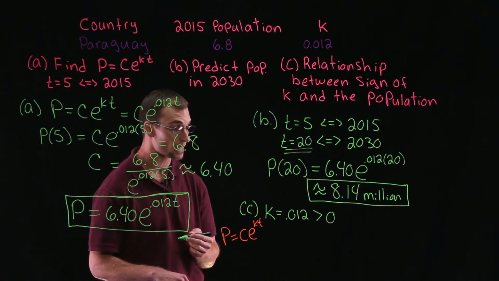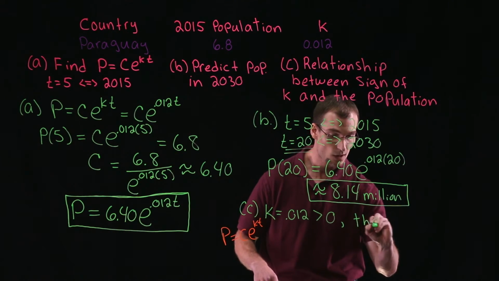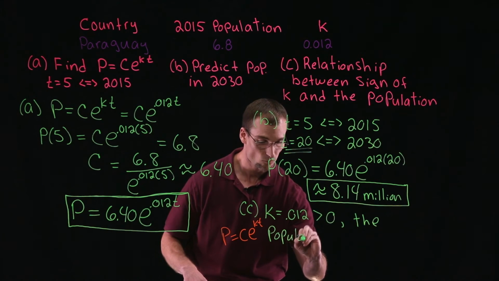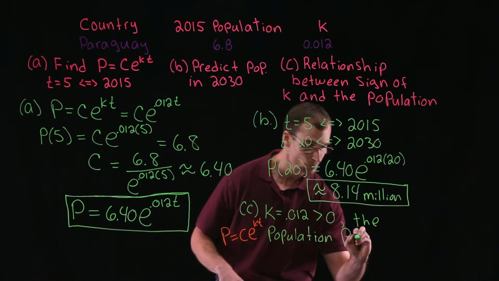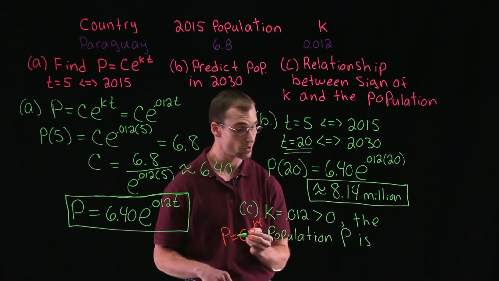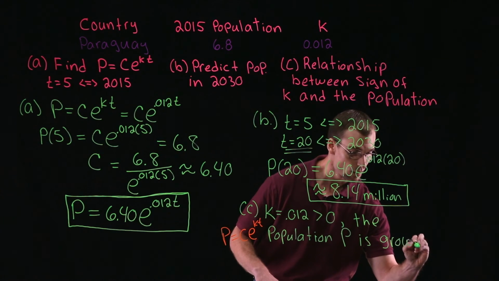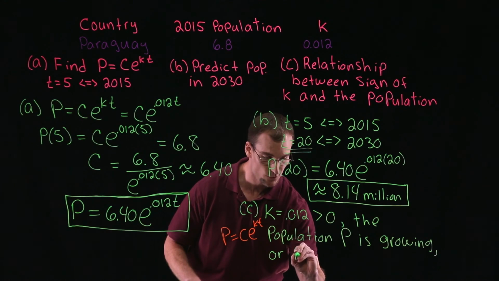So simply put, since our k is positive, we know our population P is growing, or equivalently, we can say it's increasing.